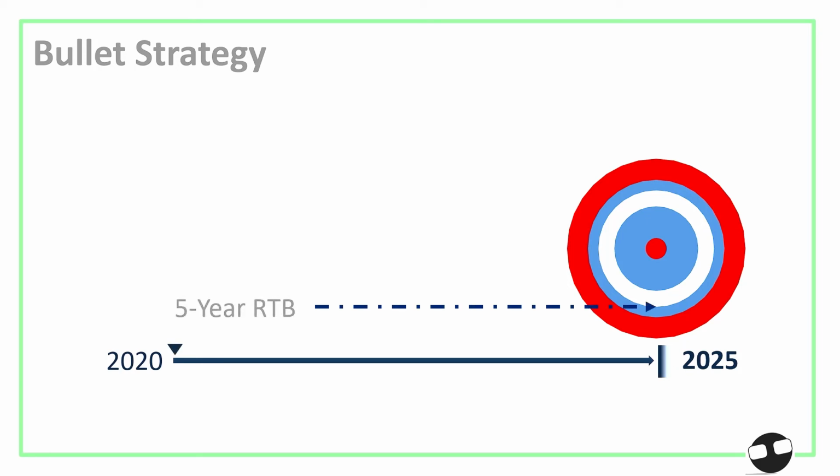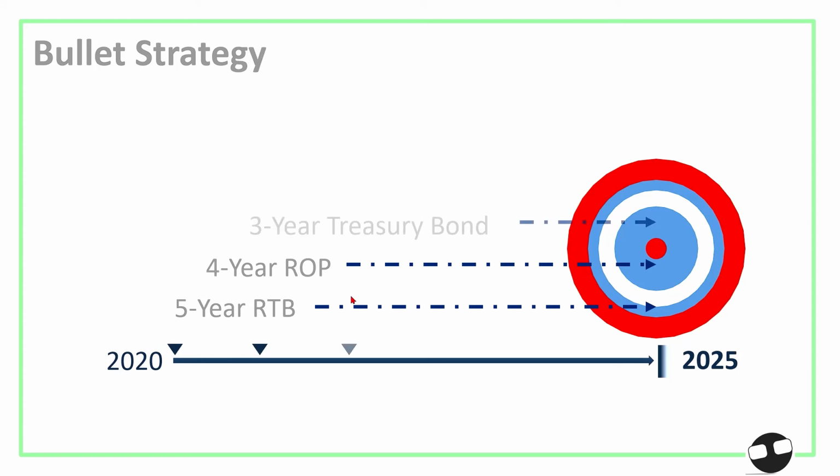So yung composition mo, for example, ng fixed income or bond portfolio would be for, let's say, 2020, kumuha ka ng 5-year na retail treasury bond, and then 2021, 4-year ROP, and so on and so forth. So in short, in a span of, let's say, 5 years, yung investments mo are actually geared towards having the same target date of 2025.